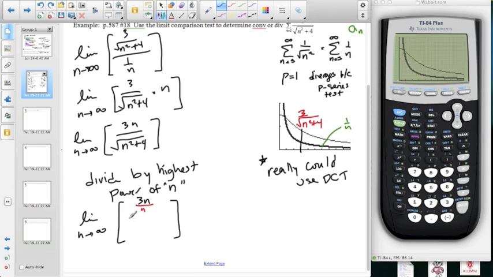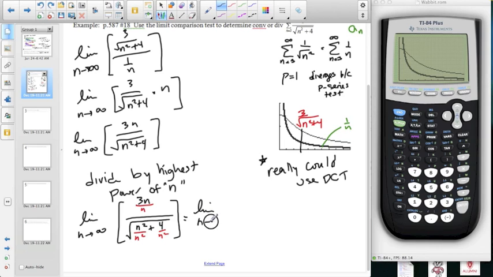And so if I divide the numerator by n, I'm going to have to divide the denominator by n. And if I'm going to divide the denominator by n, then inside the radical, that's going to look like n squared. So now I divided the numerator by n and the denominator by n. I haven't changed the ratio at all, except done the same thing to the numerator as the denominator.